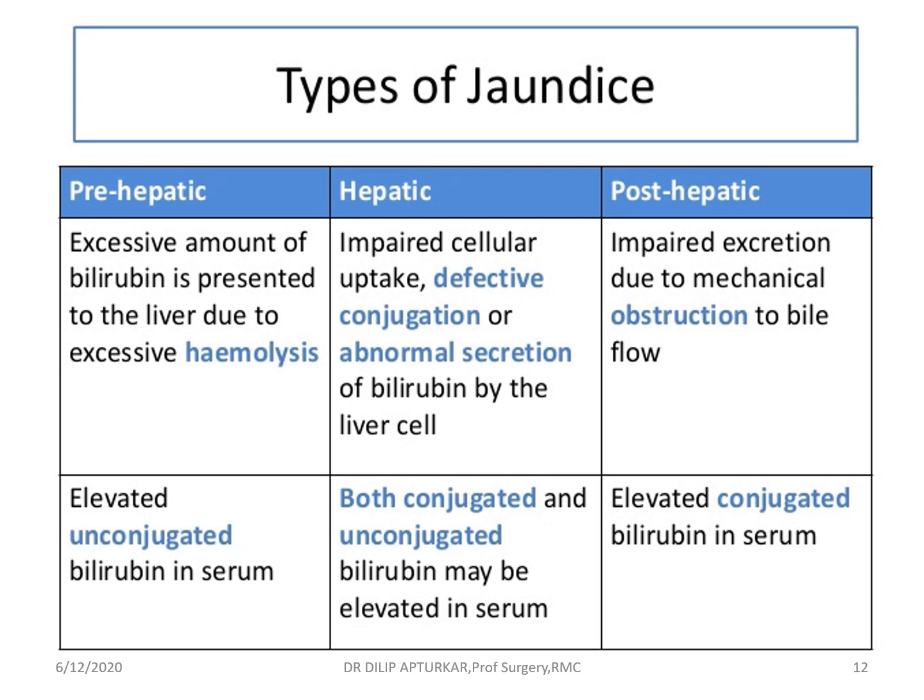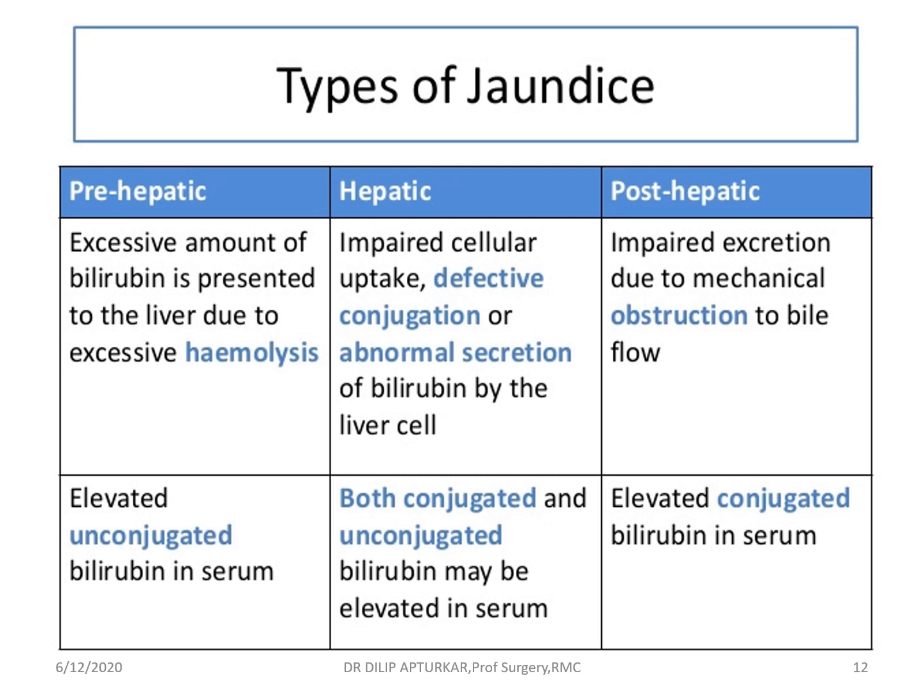In hepatic, there is impaired cellular uptake, there is defective conjugation, and there can be abnormal secretion of bile by the liver cell. So we can get both conjugated and unconjugated bilirubin. Partly there can be conjugated bilirubin and mostly it is unconjugated bilirubin, which is elevated in the serum.